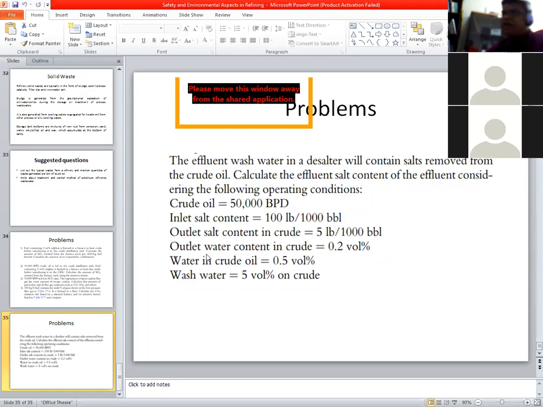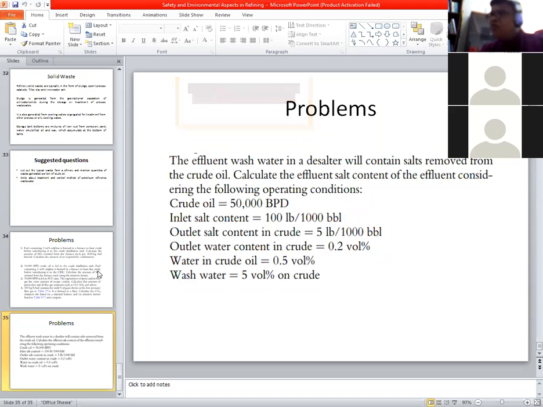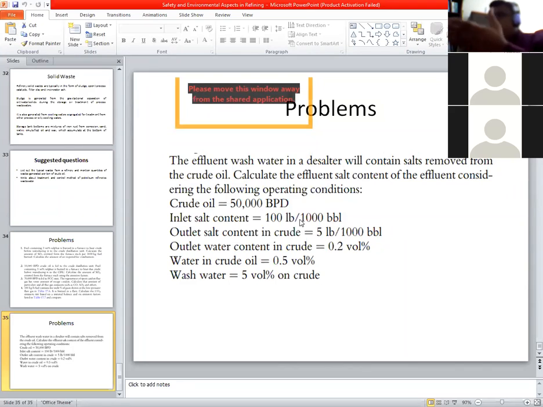So mass flow rate will be volumetric flow rate times density, meaning that you have to multiply with volumetric flow rate.